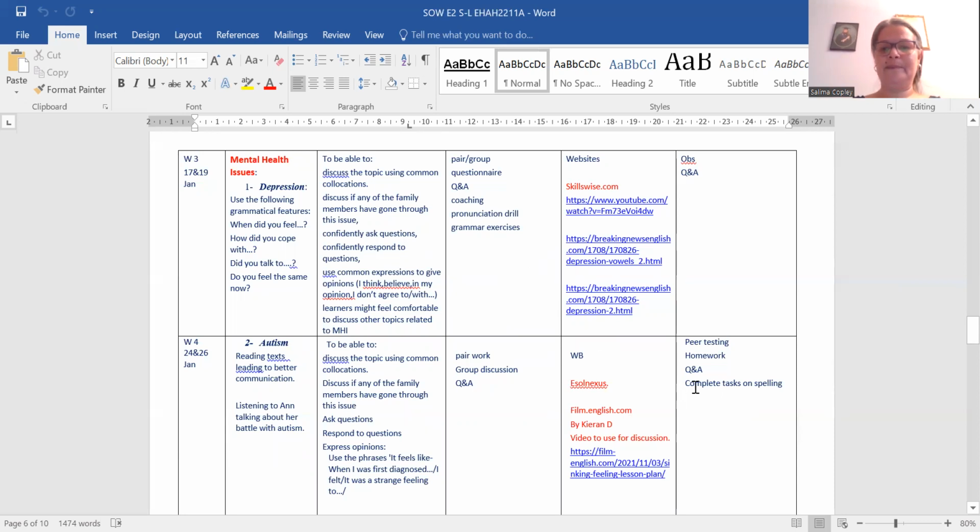We dealt with mental health issues. That's the theme, and I divided it into small lessons. For example, in week 1, I think this lesson of depression was divided into 2 sessions. Then in week 4, we worked on the theme of autism.